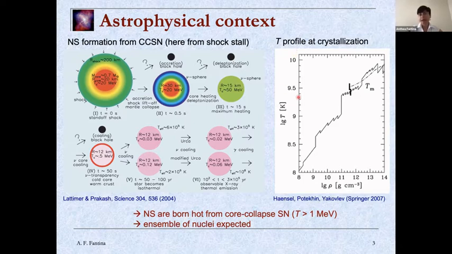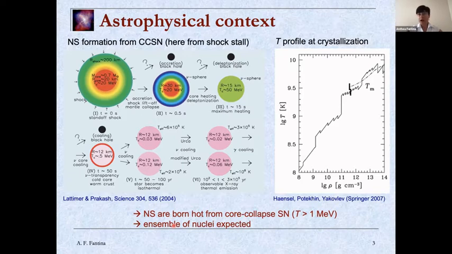So if we look at the temperature profile at crystallization in the crust, we can see that this is about at most 1 MeV, so a few hundreds of keV, at most 1 MeV. And this is at the point where the crust forms, which means when it solidifies. Still, it's a finite temperature, so we do expect to have an ensemble of nuclei present in the crust.